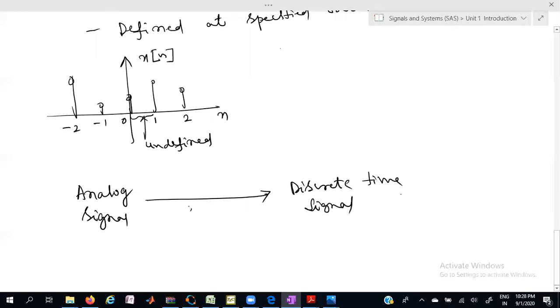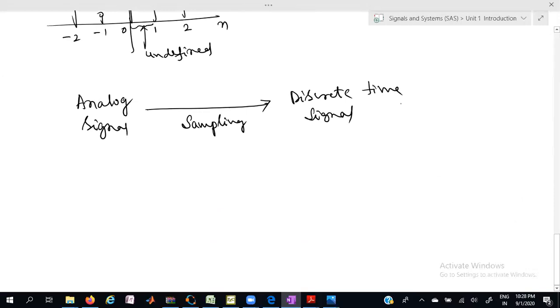It can be represented by a simple equation. Let x of t be the signal, and sampling means at regular intervals of time, say T, you sample the signal.